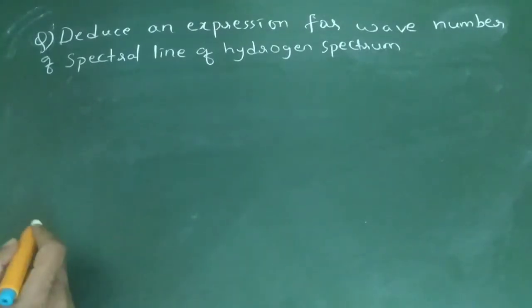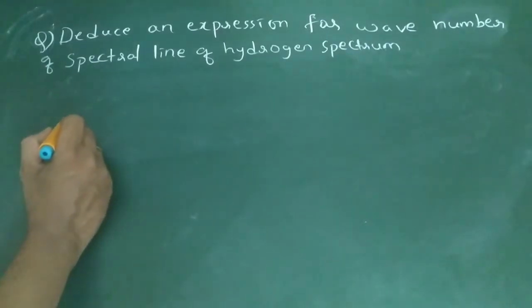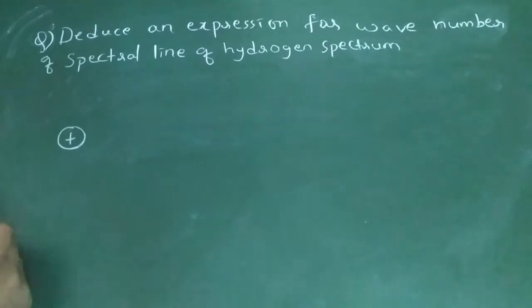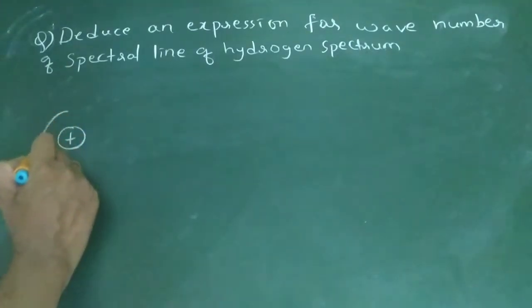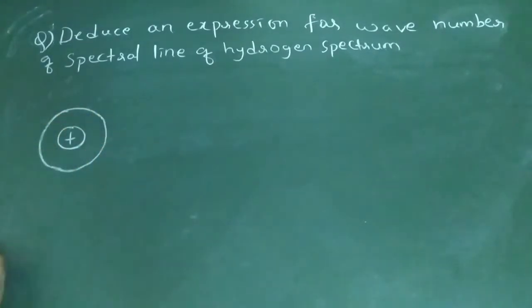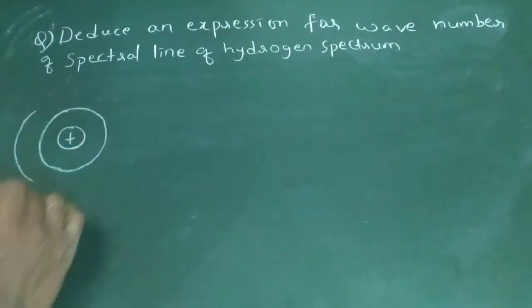For that, what you have to write in the exam is, first you make one diagram. Let us take one nucleus. The nucleus is surrounded by the first orbit or any one of the orbits, and I will take another orbit. This is one of the structures of the atom.